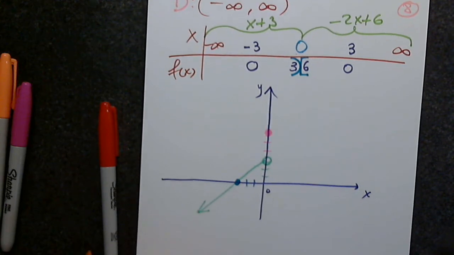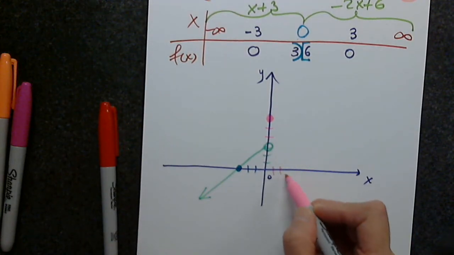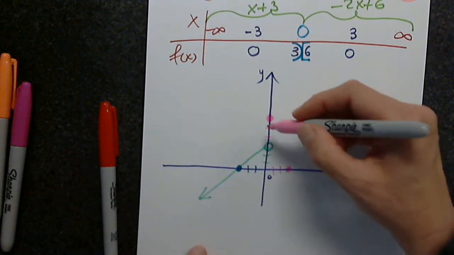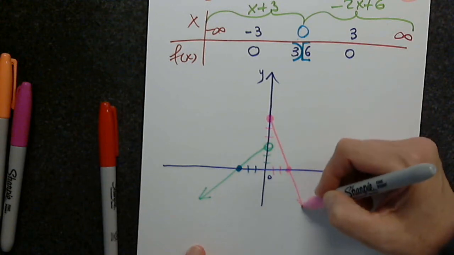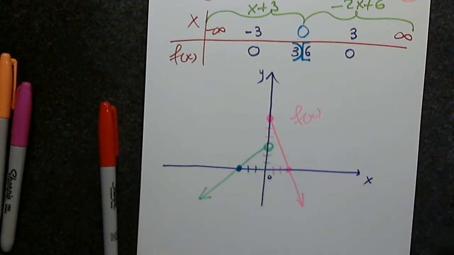And what is the last ordered pair I have to plot? Excellent. So here's the graph. Notice that I also graphed them in 2 different colors, just to make sure that you are not going to extend the green to the right, and you're not going to extend the pink to the left. Questions for me before we continue?